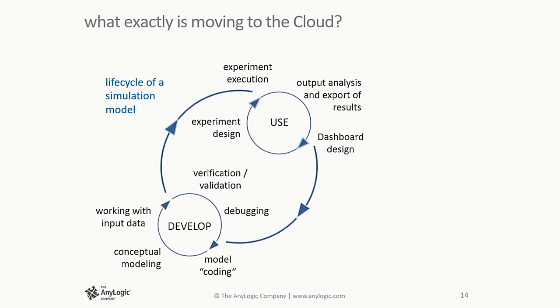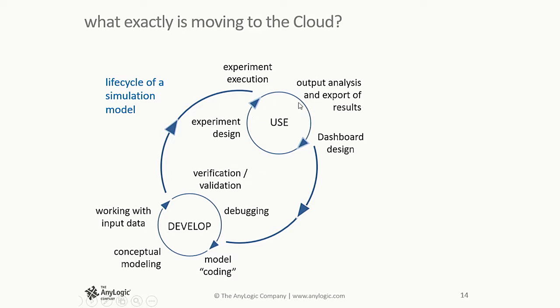This is the life cycle of a simulation model where we have the model development part, when you work with data, you conceptualize your model, you do the actual coding of the model, then verification, validation.